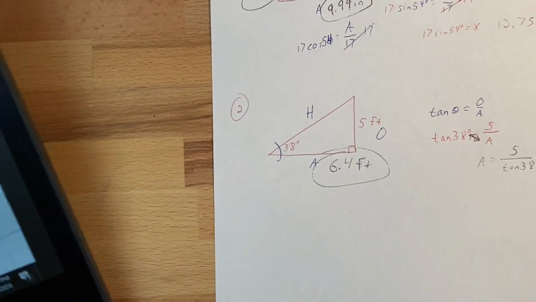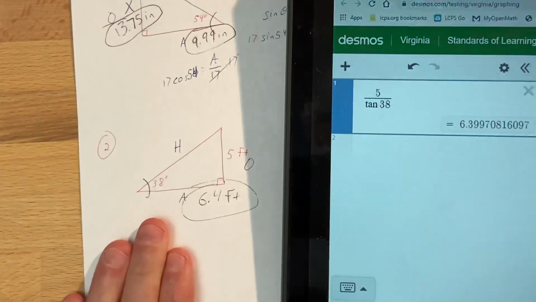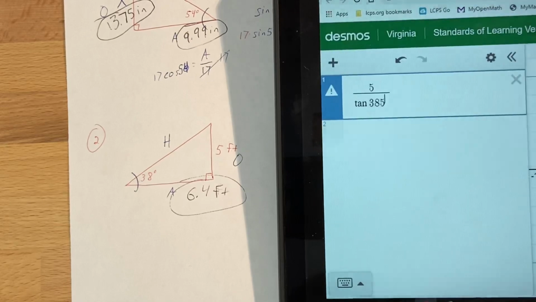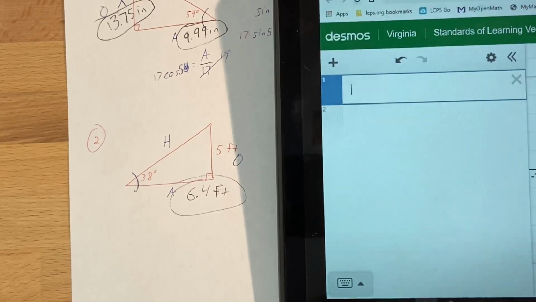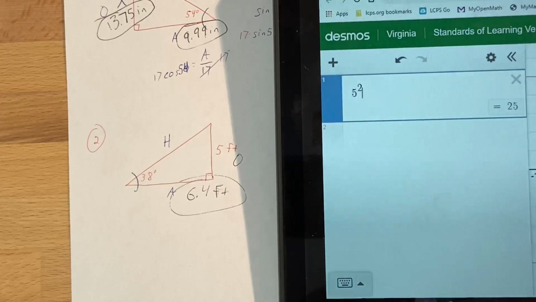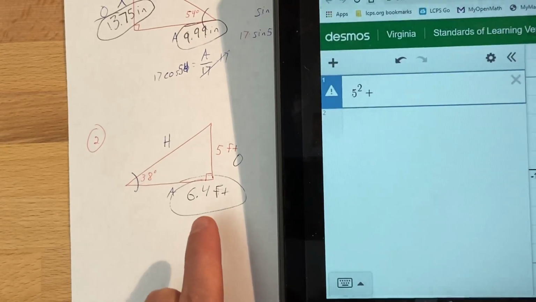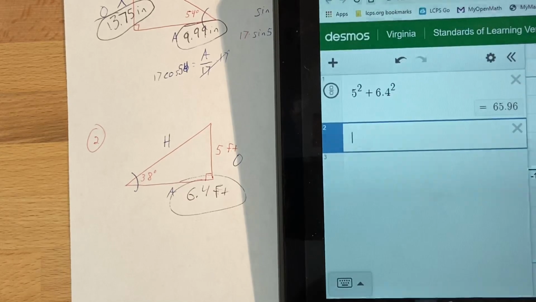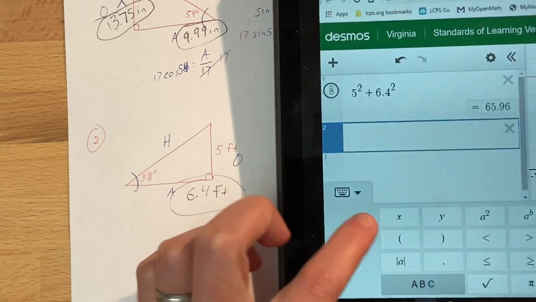Now to find the last side, I could use the Pythagorean theorem. Let's just do it, because why not? 5 squared plus 6.4 squared is this thing, but then we have to square root it.